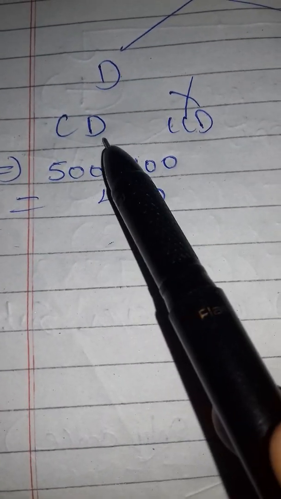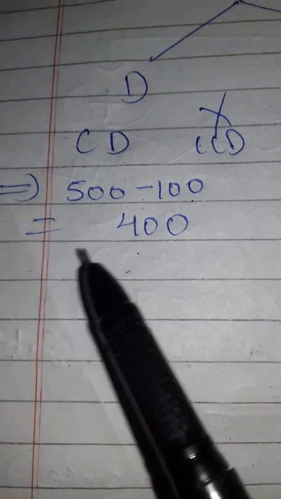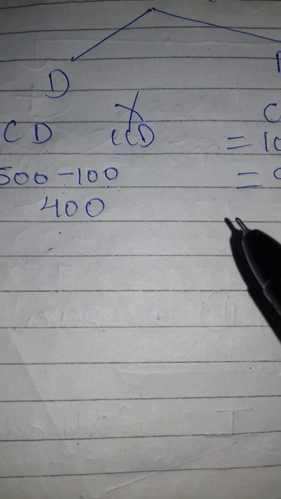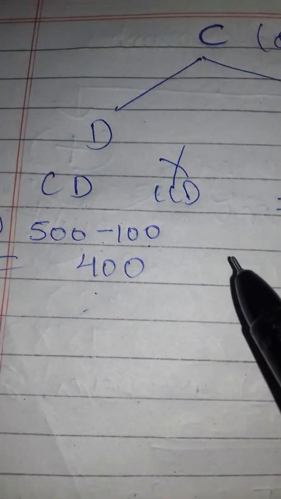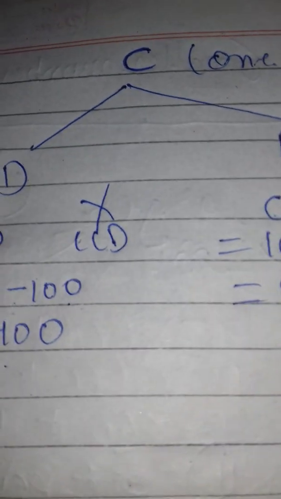So see, if you are subtracting C from D, 500 minus 100, 400. Similarly, if you are subtracting C from M, M means 1000 minus C means 100, 1000 minus 100, 900. So these are some rules. Accordingly, you have to form the numbers in the Roman number system.